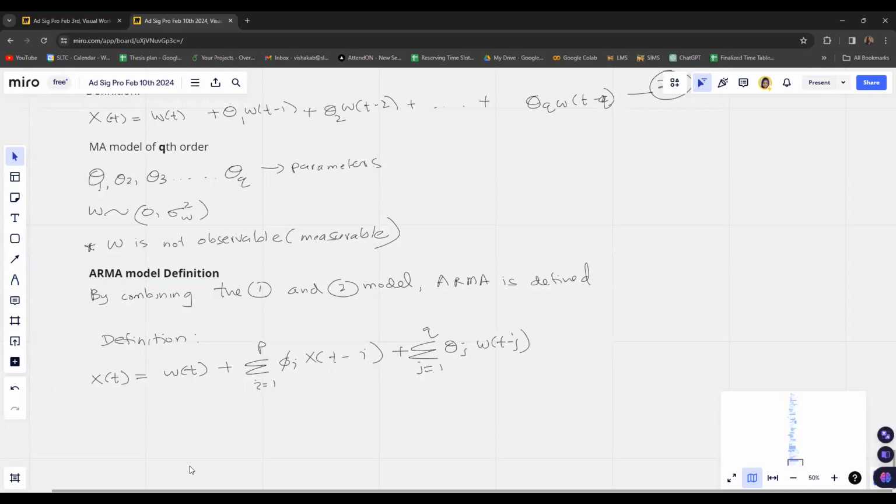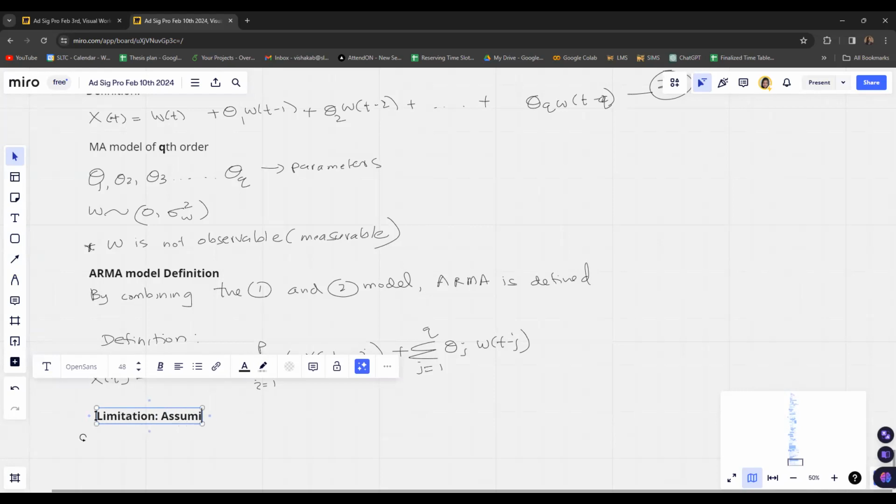So there are some parameters in here, which are phi and theta. We need to find those parameters to define this model correctly and sufficiently completely. And some limitations are there in this ARMA model. The limitation is mainly assuming that the time series process xt is a stationary process.